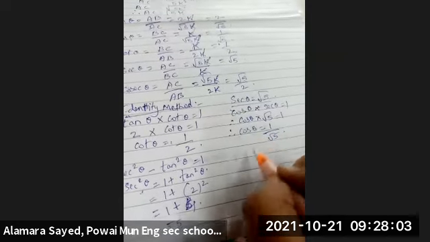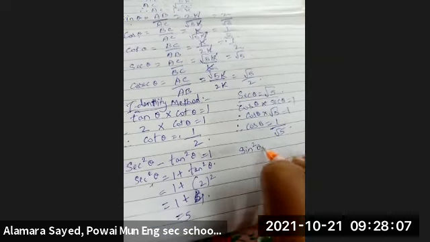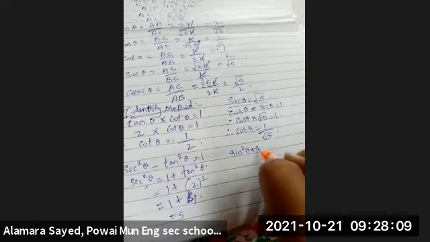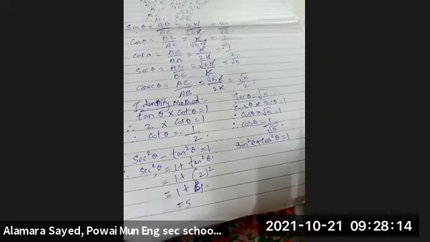After that, sine is remaining. So, sine square theta plus cos square theta is equal to 1. This identity we can use here.